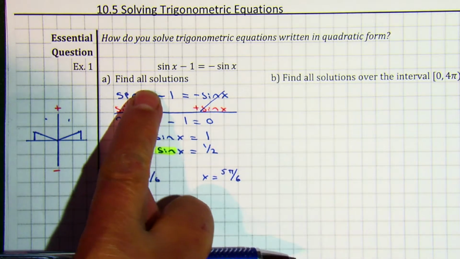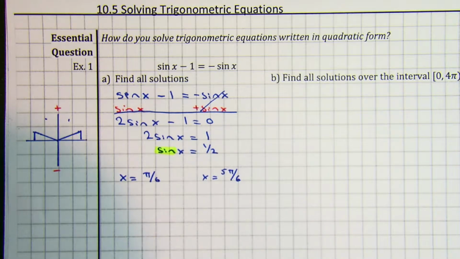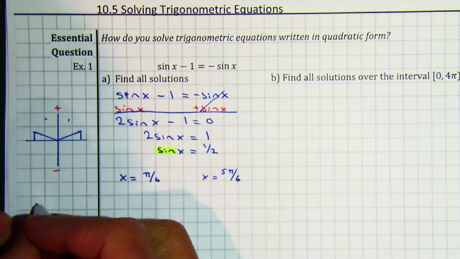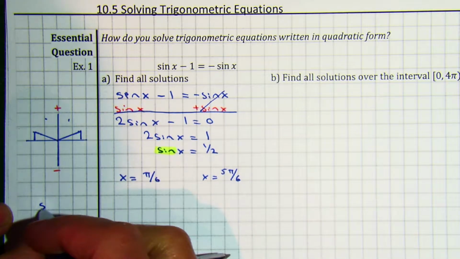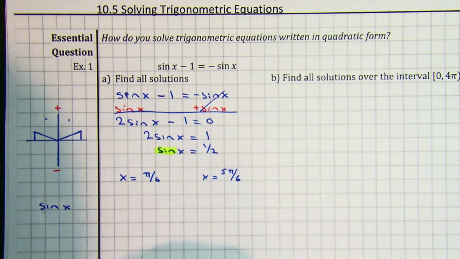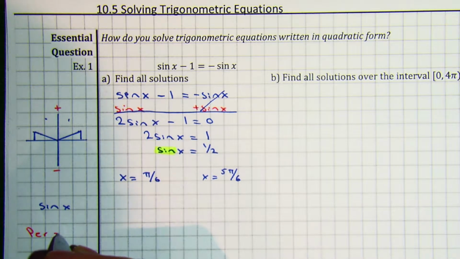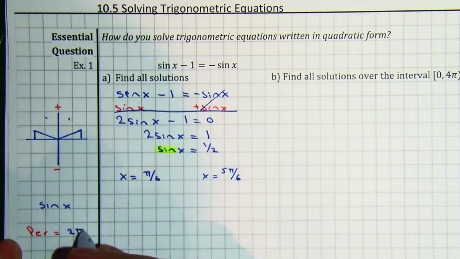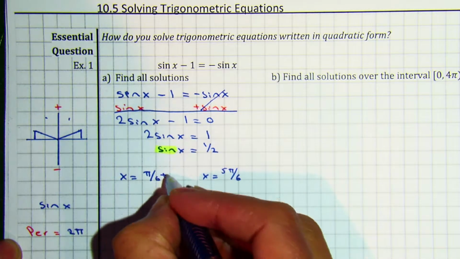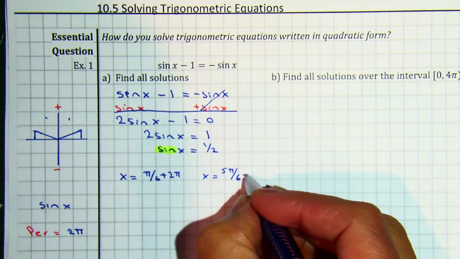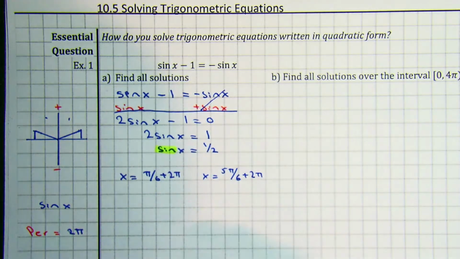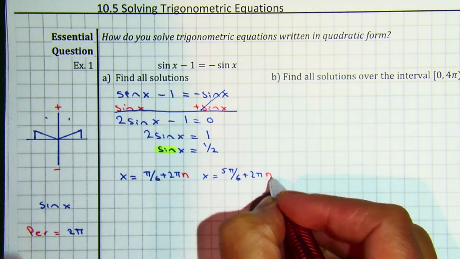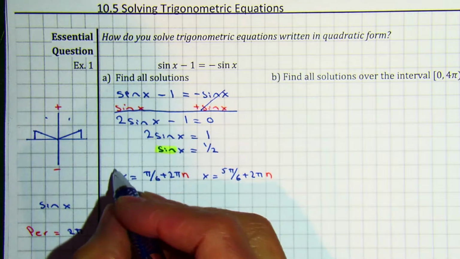Now we need to find all of the solutions. We need to be able to find the period for sine of x. What is the period? The period is 2 pi over b, which is 2 pi over 1, or just 2 pi, since the b is 1. So therefore we're going to place plus 2 pi n, where n is any integer.